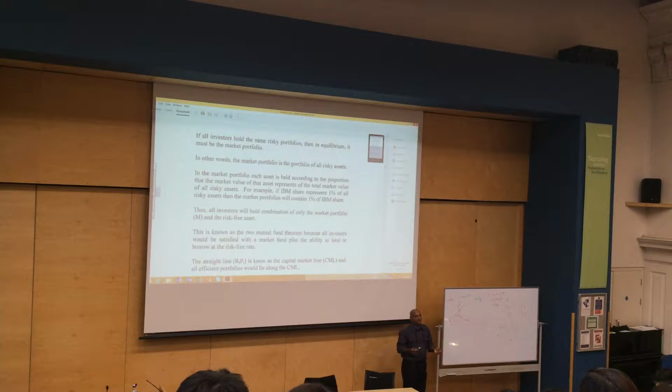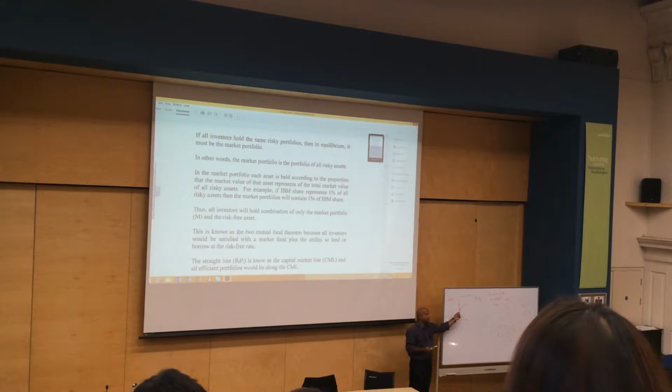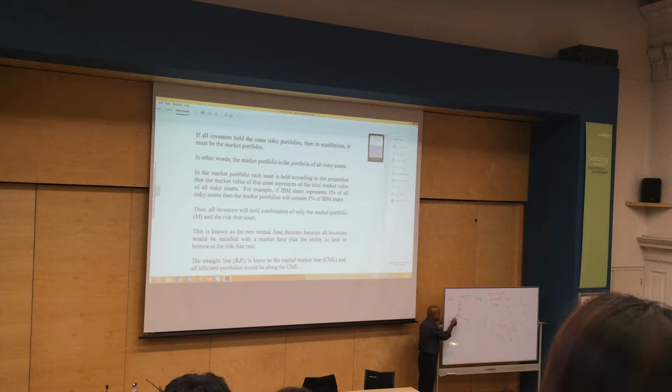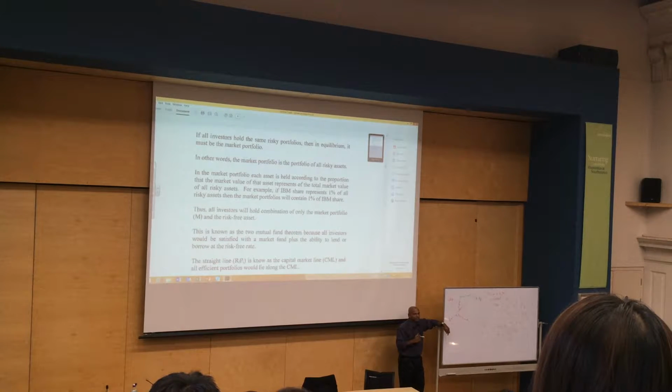Below or above PI? How far below? Can somebody be here? Yes, that is all the money in the risk-free asset. They'll lend everything out. They're very, very scared.